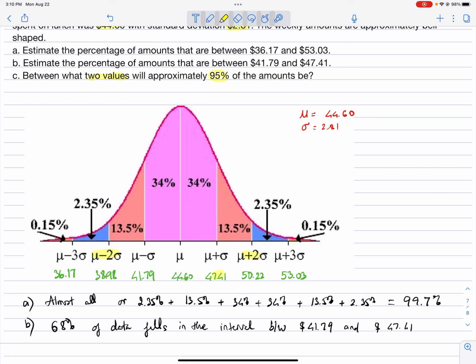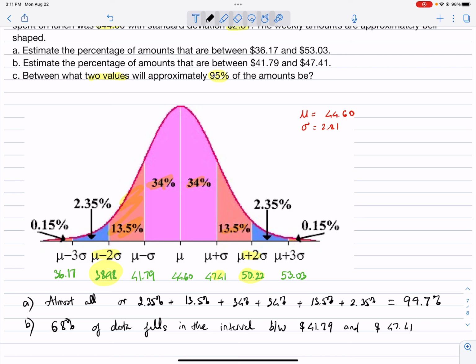Or you can calculate again: add this, this, this, and that, and it will give you 95%. So the two values that give us 95% are 38.98 and 50.22.